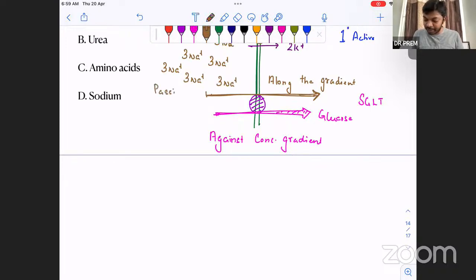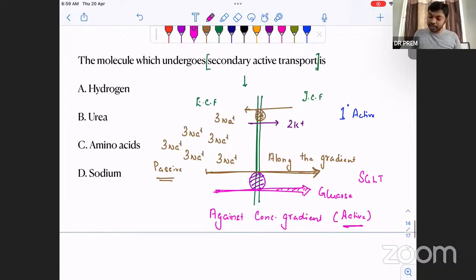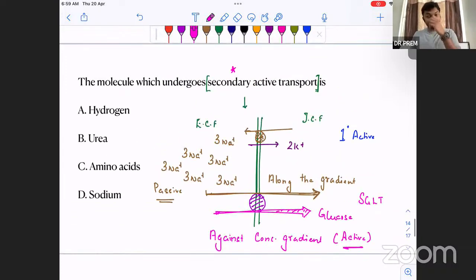Sodium transport is passive, while the second ion is transported by an active method. Since only one ion is transported actively and the other passively, we call this secondary active transport.